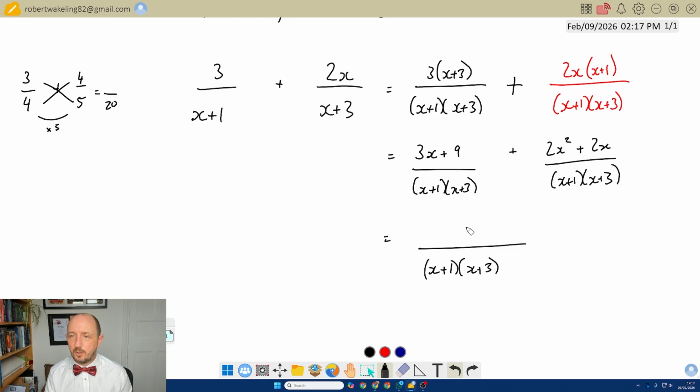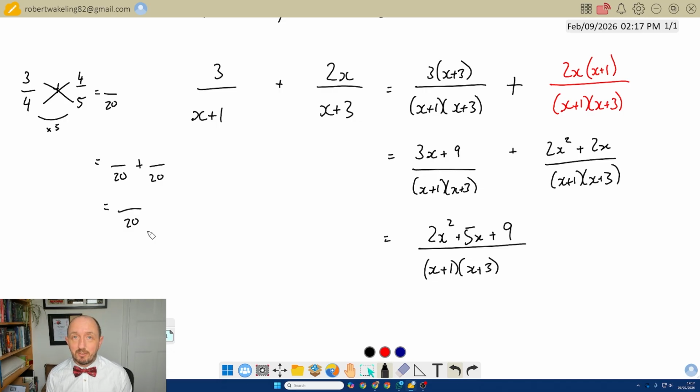So 2x², 2x plus 3x is 5x, and the plus 9 here. Okay, so we added the numerators, kept the denominator the same, just like once we've turned these into 20ths, we keep the 20ths the same, and we add the two numerators together to get a single fraction. So that's the process.